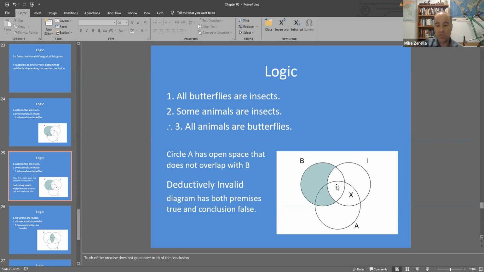So although this Venn diagram shows both premises being true, we've got a Venn diagram that also shows that the conclusion could be false. So this indicates that this is a deductively invalid categorical syllogism, because it's possible to draw a Venn diagram that satisfies the premises but leaves the conclusion as false.